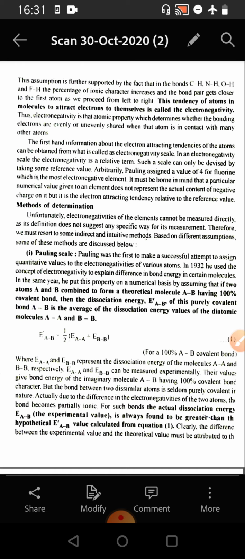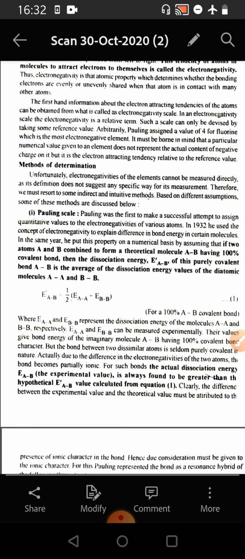This tendency of atoms in molecules to attract electrons to themselves is called electronegativity. Thus, electronegativity is that atomic property which determines whether the bonding electrons are evenly or unevenly shared when that atom is in contact with any other atom.